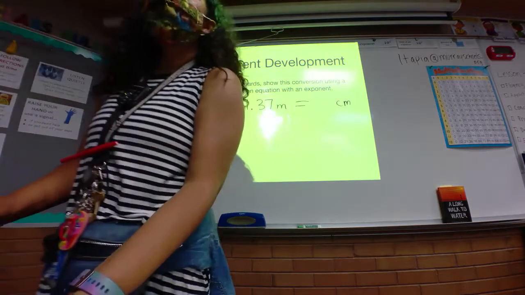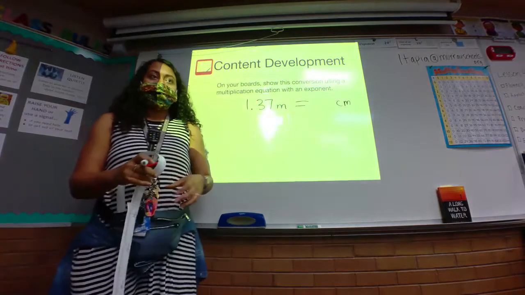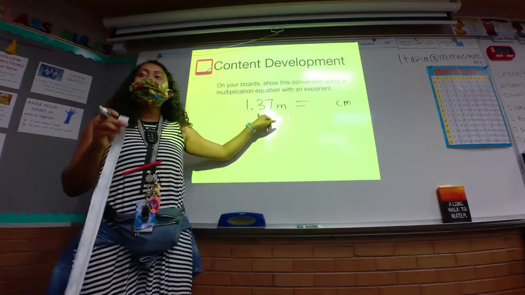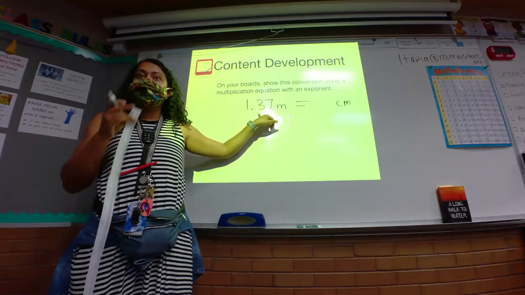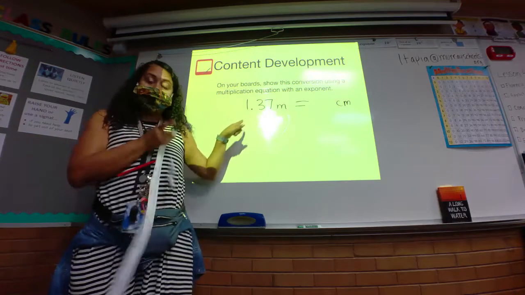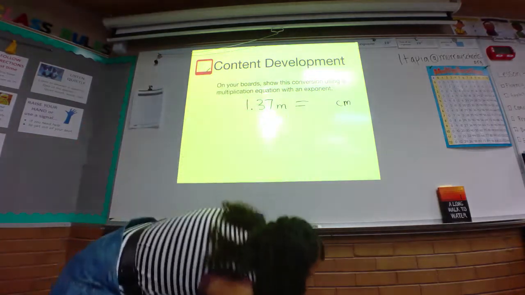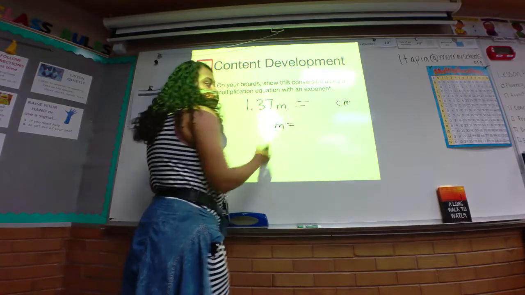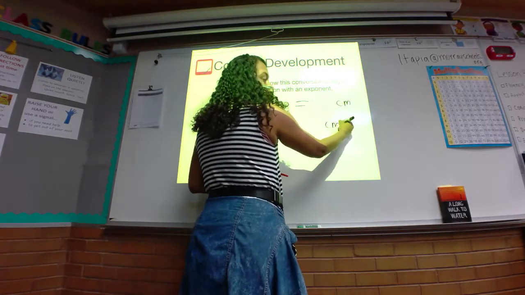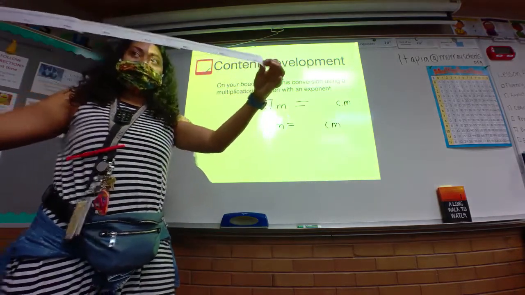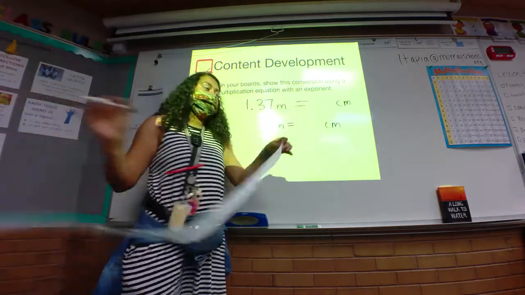So look at your meter strip. How many whole meters do you have? You have 1 whole, right? 1 whole, and then you go to. So 1 meter is equal to how many centimeters? Noah? 100, right? Just like it says on our meter strip.